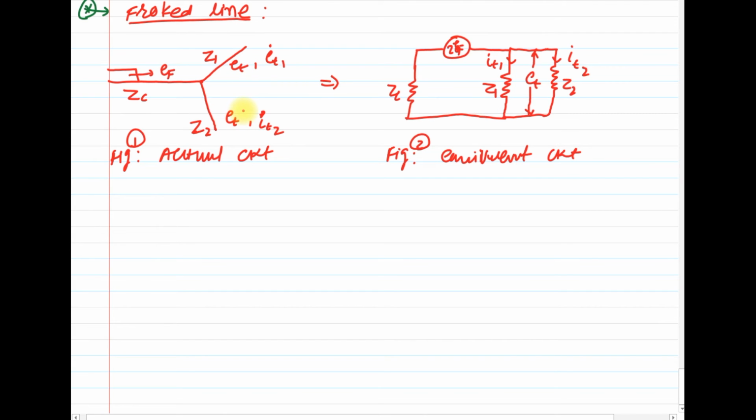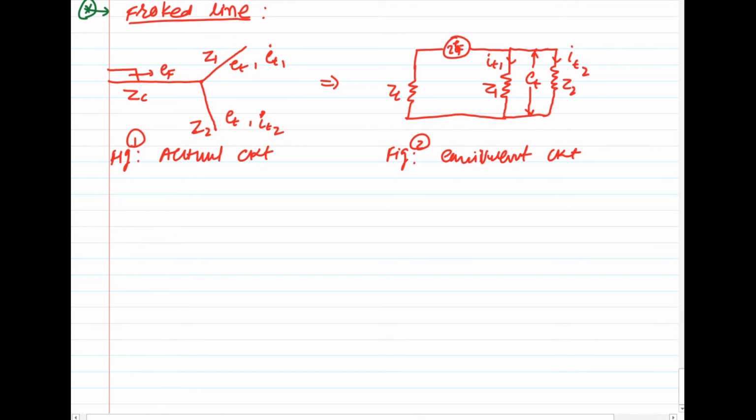So the transmitted voltage on each line, ET, will remain the same as in a parallel circuit, and the transmitted currents are IT1 and IT2, irrespective of the surge impedances Z1 and Z2.